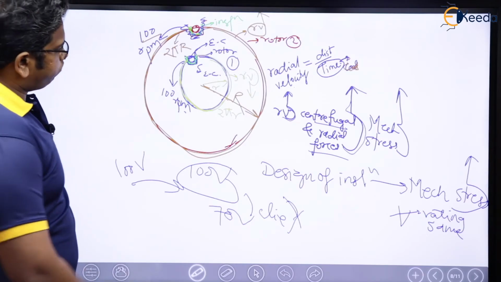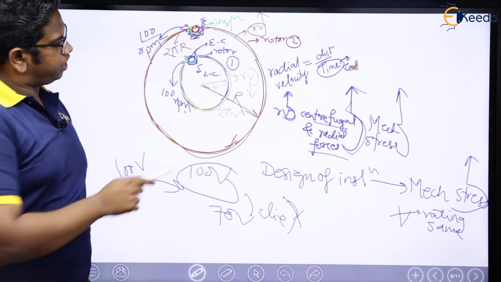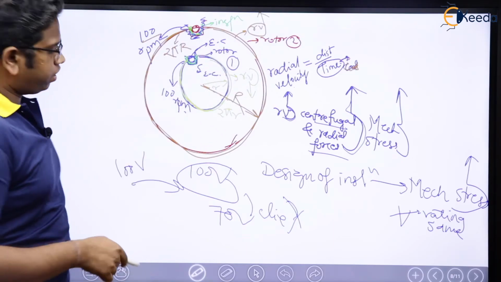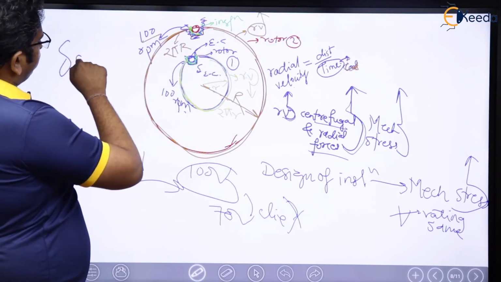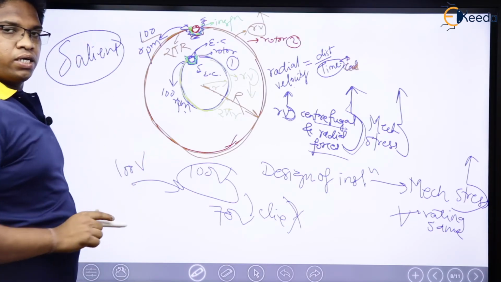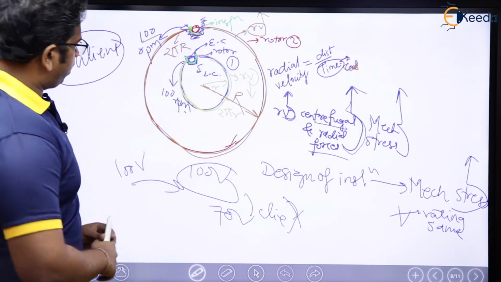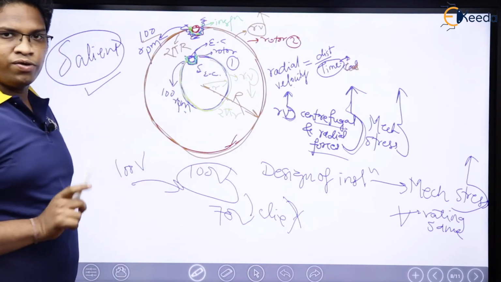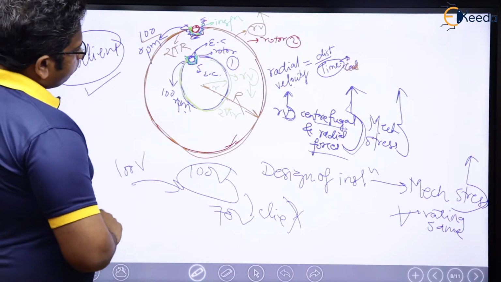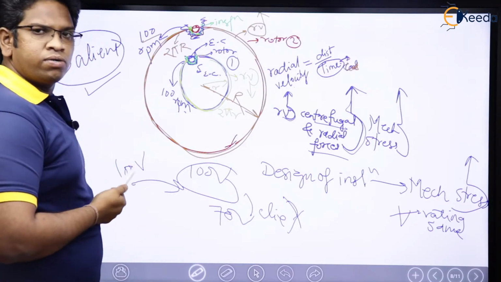If rather than having a cylindrical rotor here, can I have a salient pole rotor? If I have a salient rotor, what is going to happen?